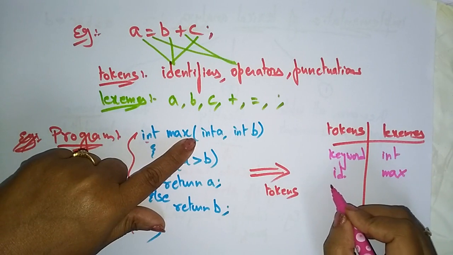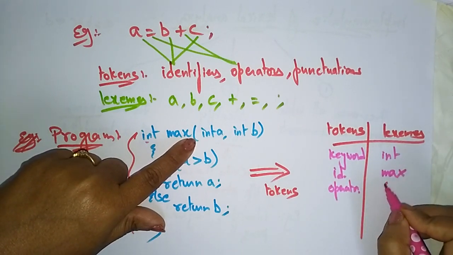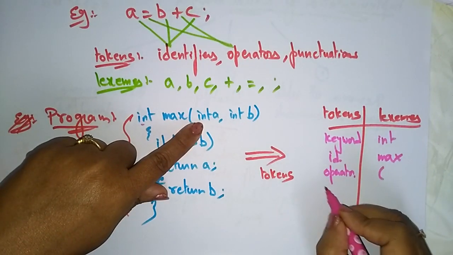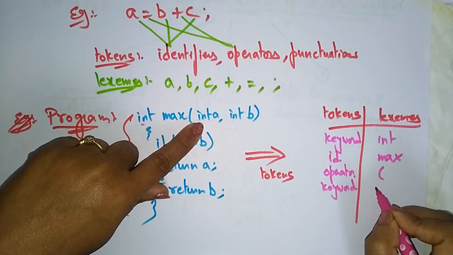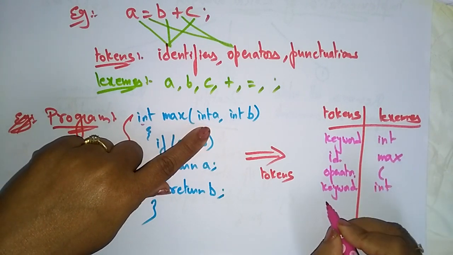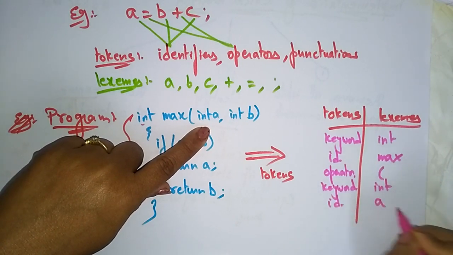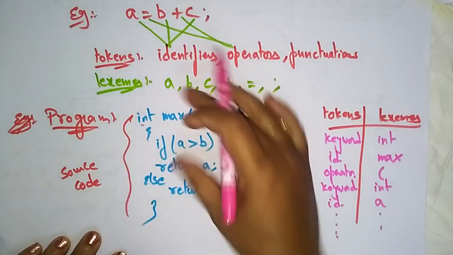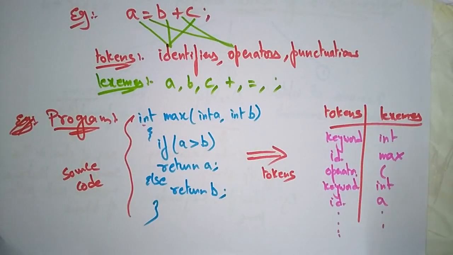Next, this is an operator, and the lexeme is the left parenthesis. Next, int. Int is a keyword; the keyword is the token and int is the lexeme. And a is an identifier. You just write a here. Like that you have to find how this complete program is converted into tokens and lexemes.